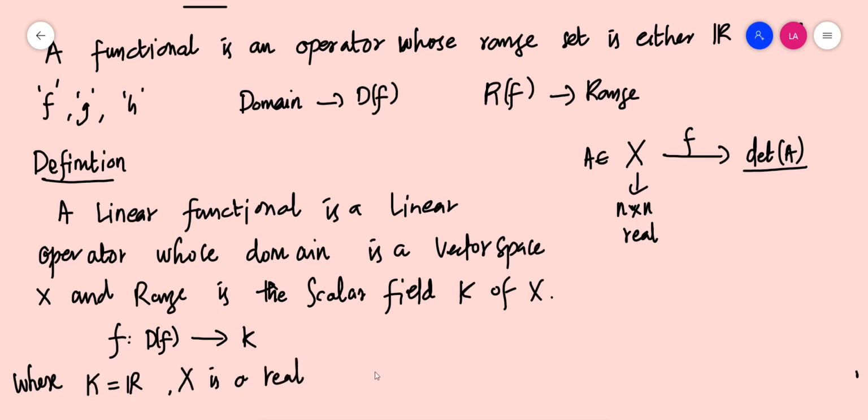And when K is C, X is a complex vector space. Generally, a linear functional is a linear operator whose domain is a subset, or in general the full vector space itself, and its range is the underlying field with which the vector space is defined. So it is a function from a subset of a vector space onto its scalar field.